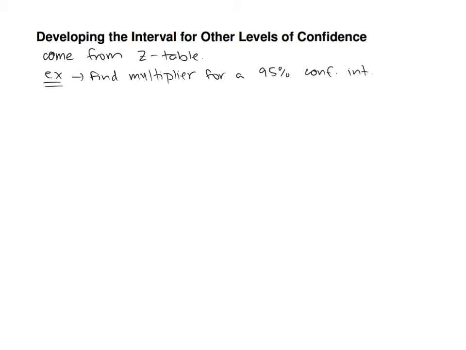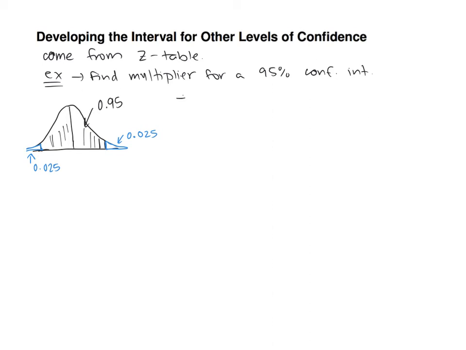If you're looking at 95%, you have this standard normal bell curve, and the area underneath it, 95% confidence means this area is 0.95. Leaving 2.5% in each tail. So this guy has area 0.025. This guy has area 0.025.